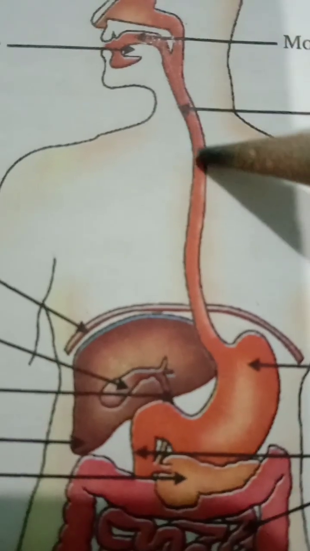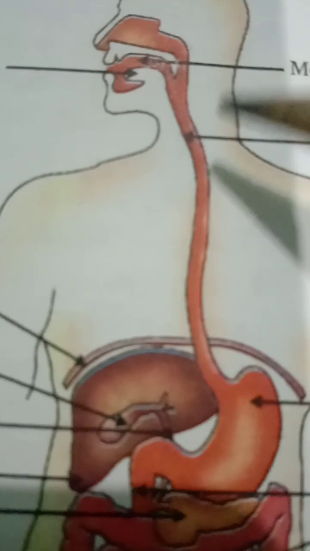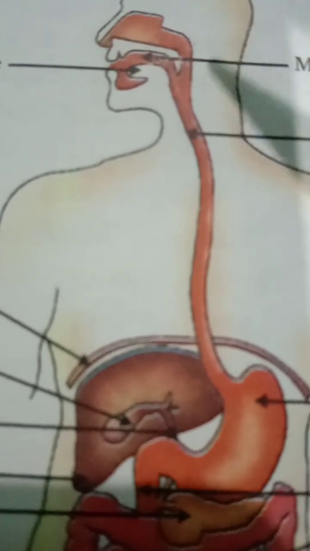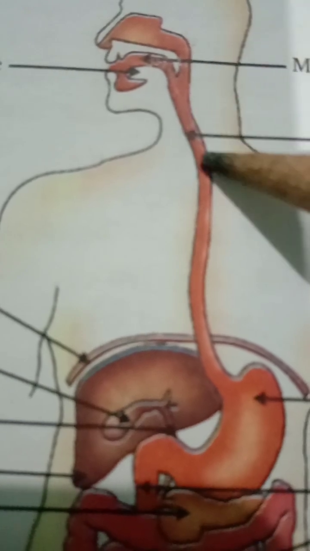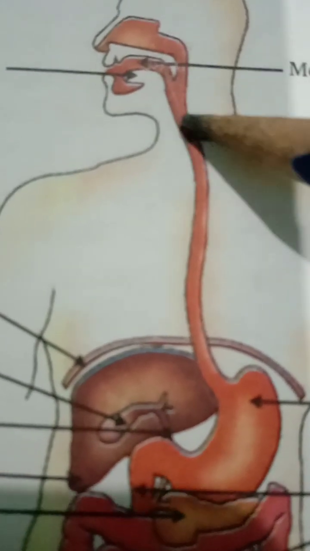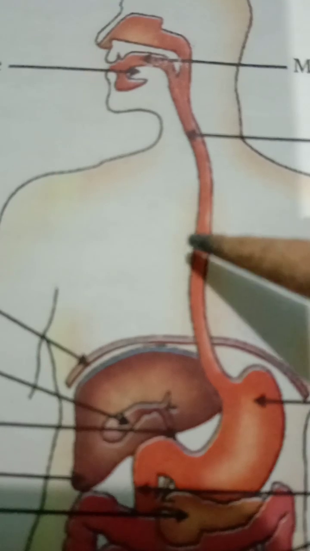While passing through the esophagus, always remember the food is passing in a thin tube. If the tube is hard and not flexible, the food gets stuck. So this pipe should have a flexible nature.